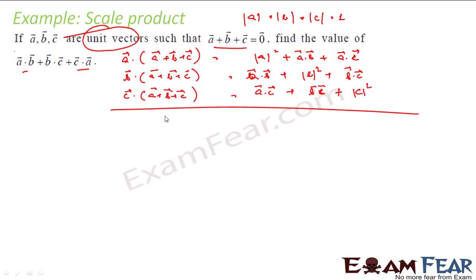If you add these, this will be 0 anyway, because a plus b plus c is 0. This is 0 into some vector, which is 0, so adding all will give you 0.